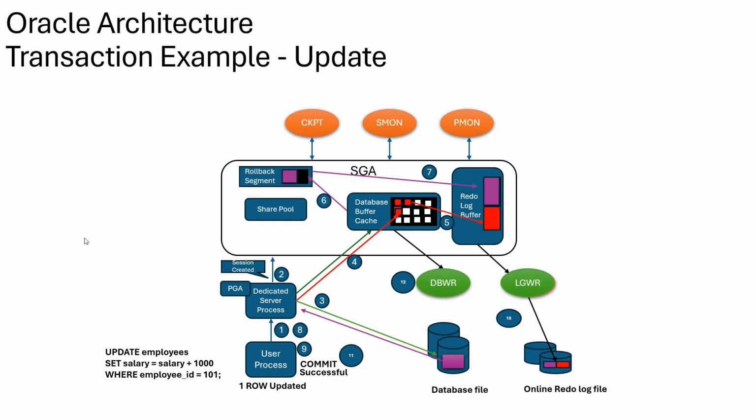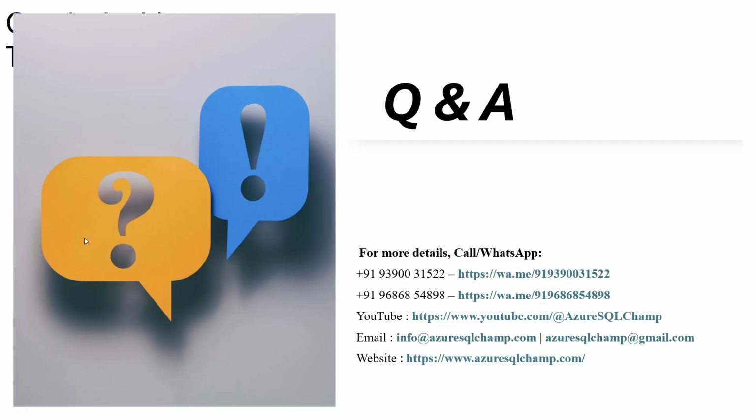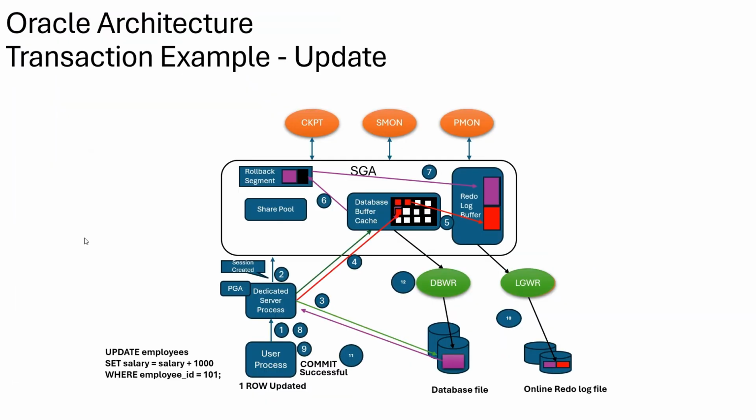So when you execute a commit, what will happen? It first updates the online redo log file from the redo log buffer with the help of the log writer. Then those dirty buffers in the database buffer cache will be moved to the database data file with the help of the database writer.